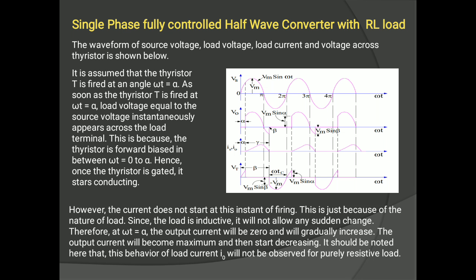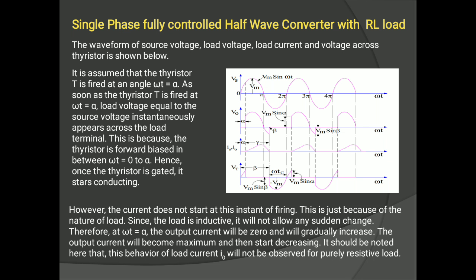Now we assume that thyristor T is fired at an angle omega t equals alpha. As soon as the thyristor T is fired at omega t equals alpha, the source voltage instantaneously appears across the load terminals because the thyristor is forward biased in between 0 to alpha. So once the thyristor is gated, it starts conducting.